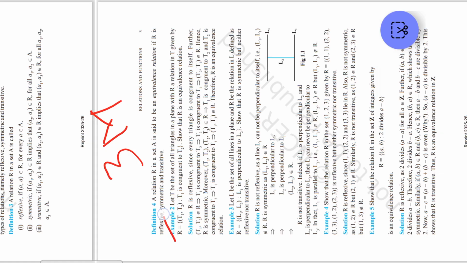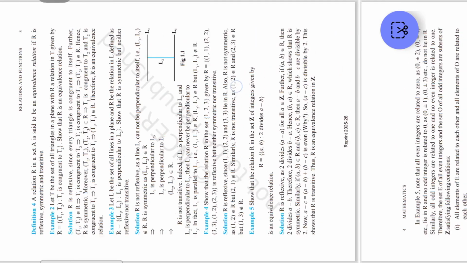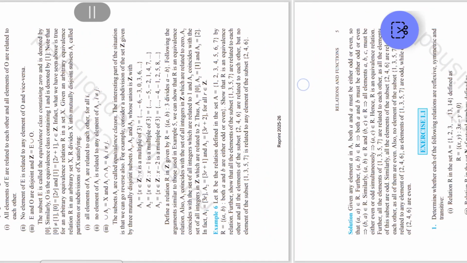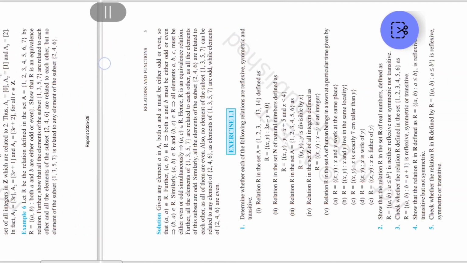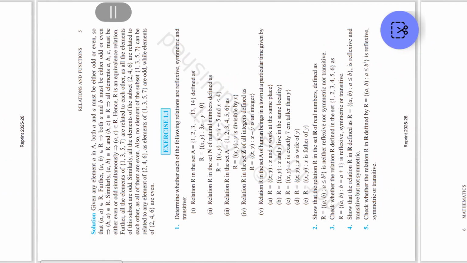First, example 2, 3, 4, 5, and 6 also sometimes asked. These are all 3 marks questions.